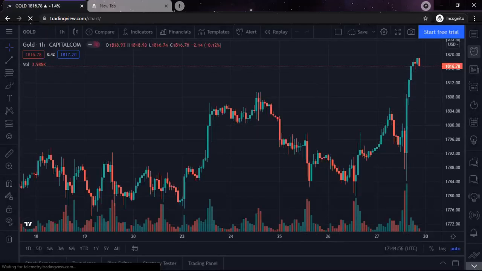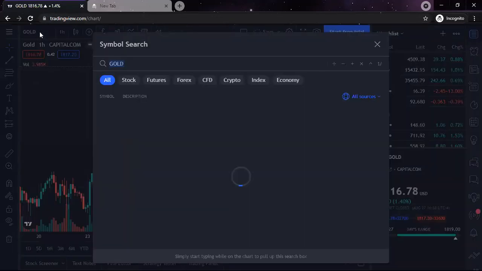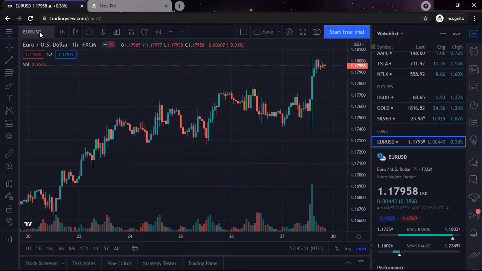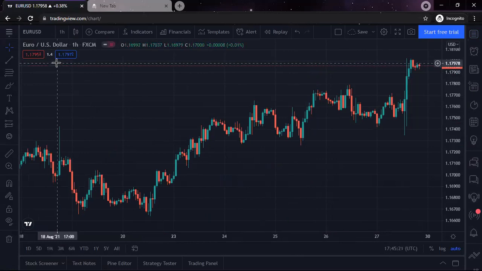So let's use EUR/USD. That is the common pair, the most traded pair in the market. So let me add an indicator on the screen.